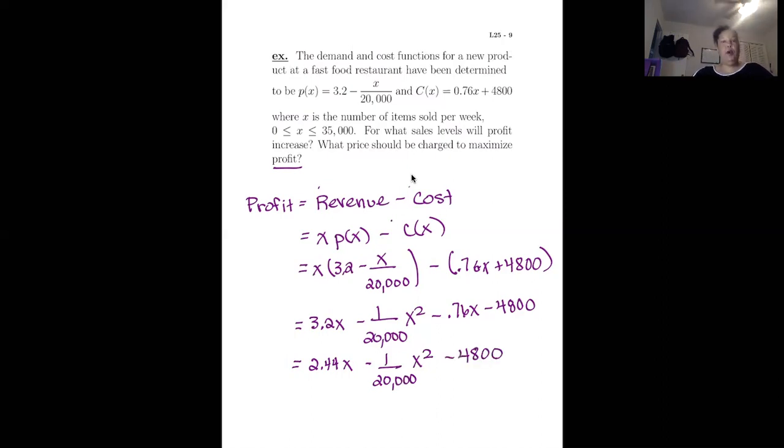All right, so now I have a profit function. To maximize this profit function, I need to find the derivative to see if it changes from increasing to decreasing. So I'm going to take the derivative of my profit function. I get 2.44 minus 2 over 20,000 x.